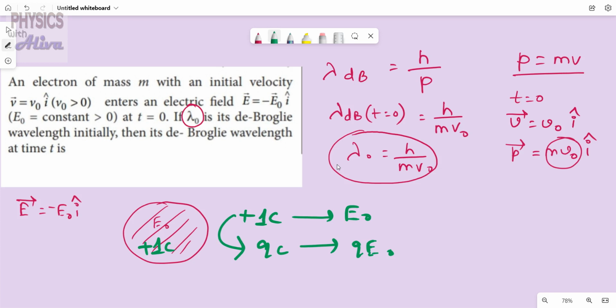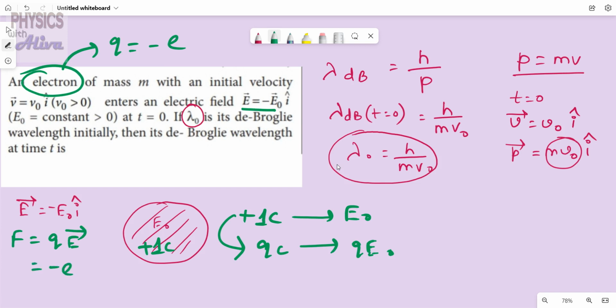Here the charge is an electron, which means the charge is minus e, and the electric field is this. So the force experienced by the electron is q E vector, where q of the electron is minus e and E vector is minus E naught i cap. So we can write the force as e E naught i cap. This is the force experienced by the electron, right?